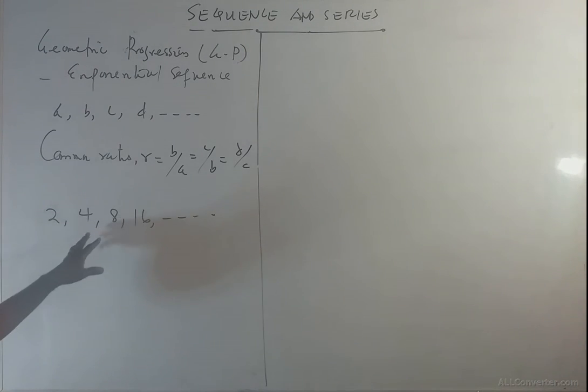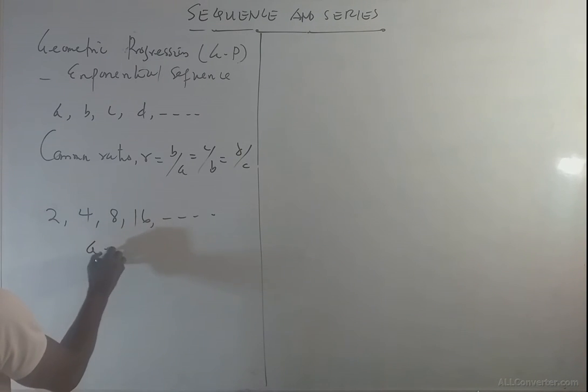When you look at this, it can't be a linear sequence. The reason is that the difference between 2 and 4 is 2, but the difference between 4 and 8 is 4, and the difference between 8 and 16 is 8. So you realize that it doesn't have the same common difference, so we are going to look at the common ratio.